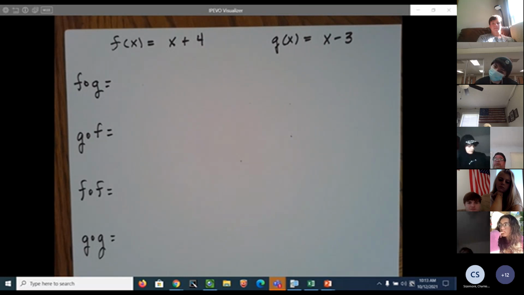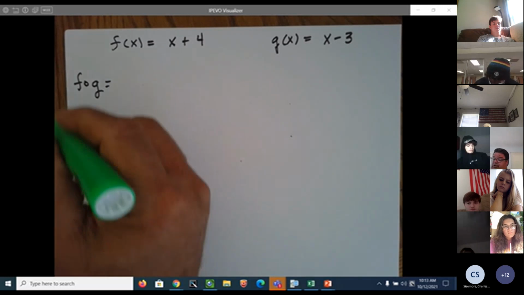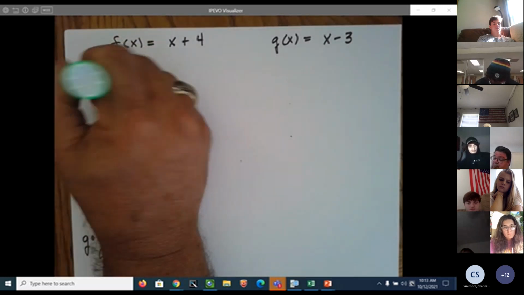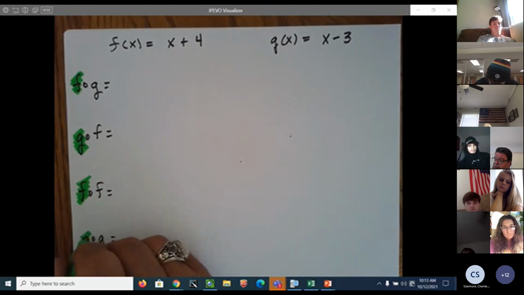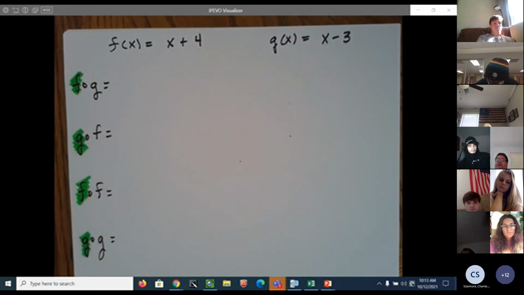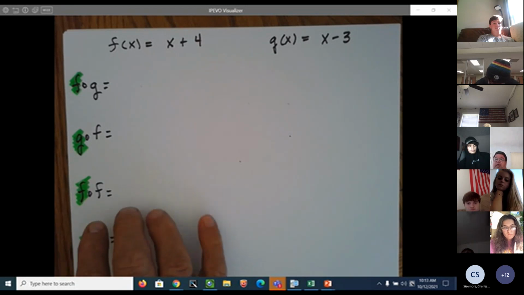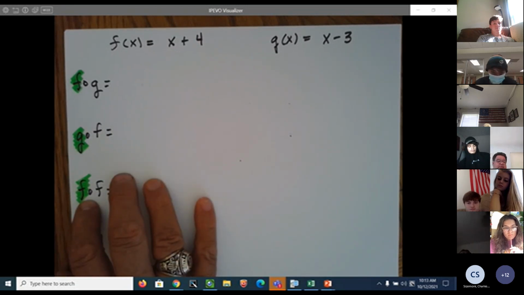So, what I tell students, take your handy dandy highlighters, and I'm talking to people that suck at this. You take a green highlighter and you highlight these first letters. And that means that you're going to rewrite those green ones with a big set of parentheses.